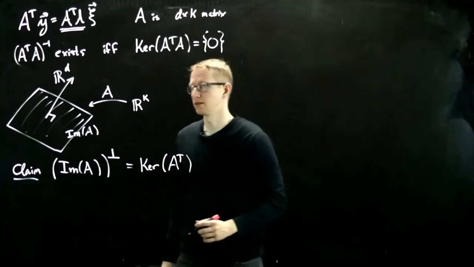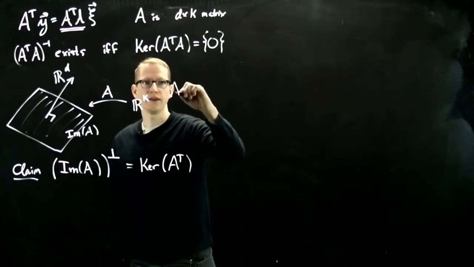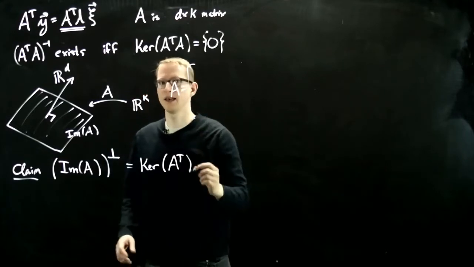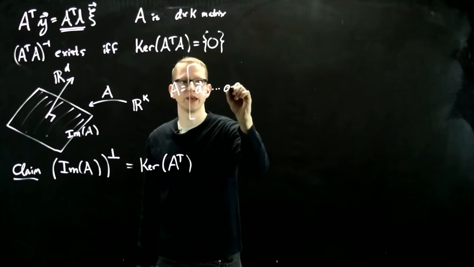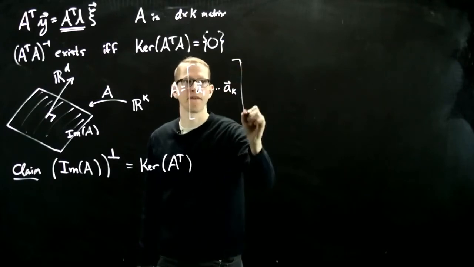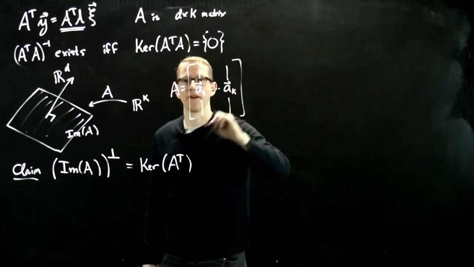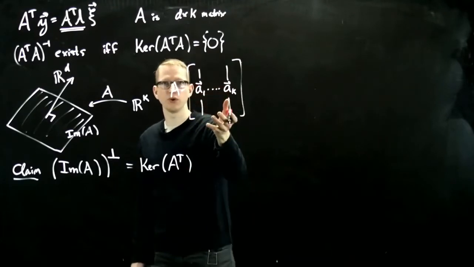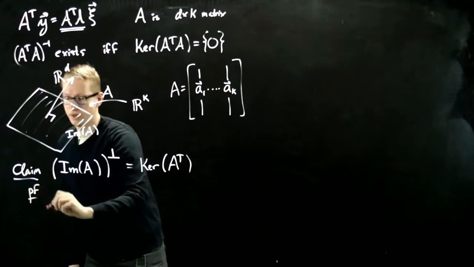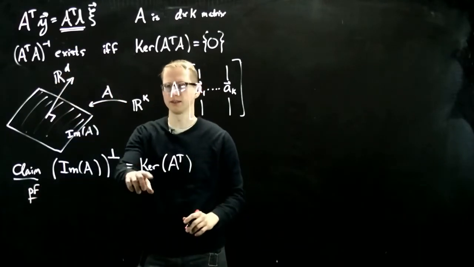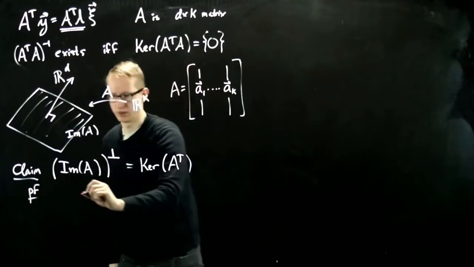So how do we see this? Let's visualize A as a matrix of vectors, so A1 through AK. And when we take the transpose, these columns just become the rows. So we'll do this proof just by showing that one is contained in the other, just to make it very explicit.